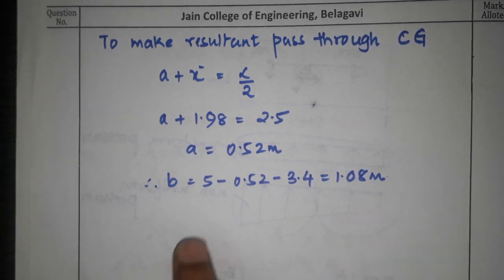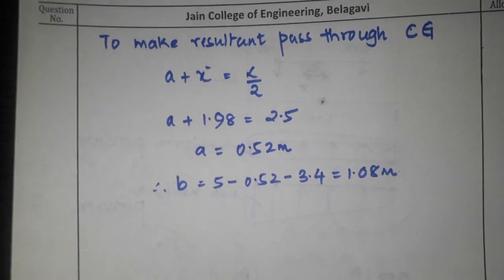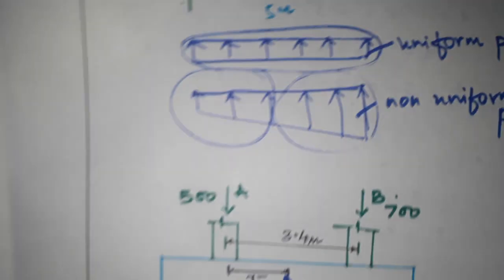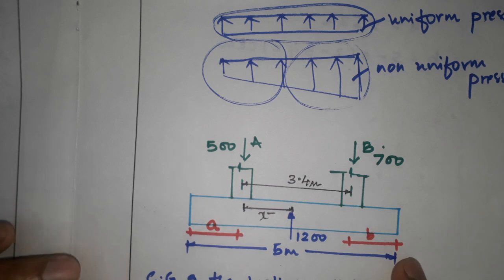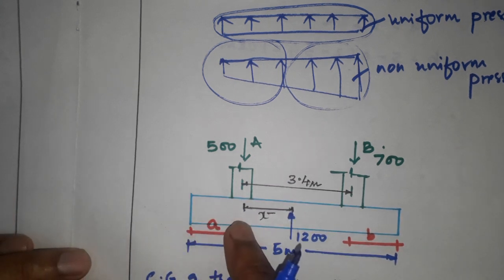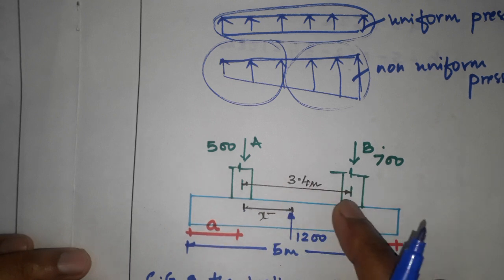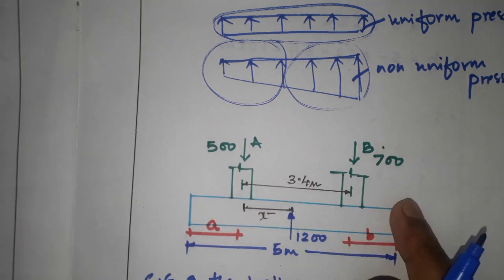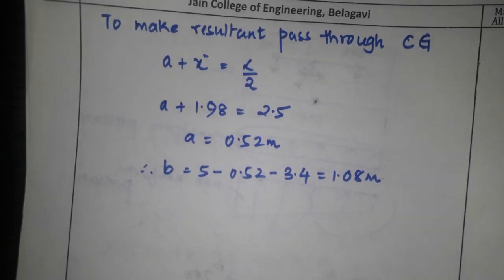Understood? The total length is 5 meter. So 5 meter minus 0.52 minus 3.4, what is left? B, that is 1.08 meter. Okay, so we have adjusted.